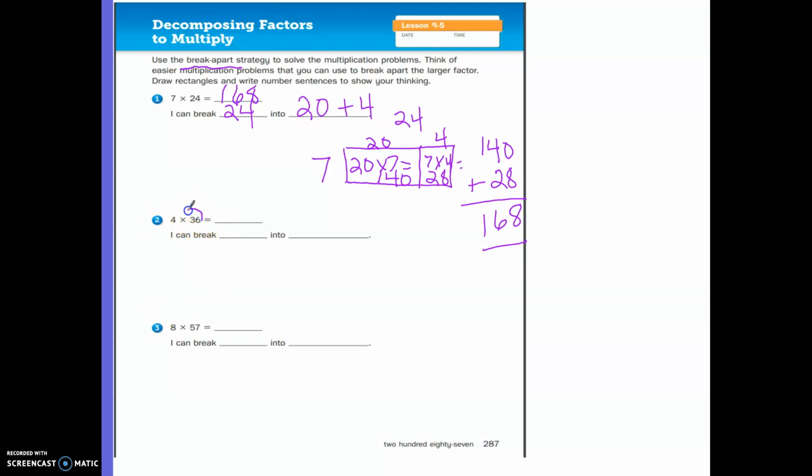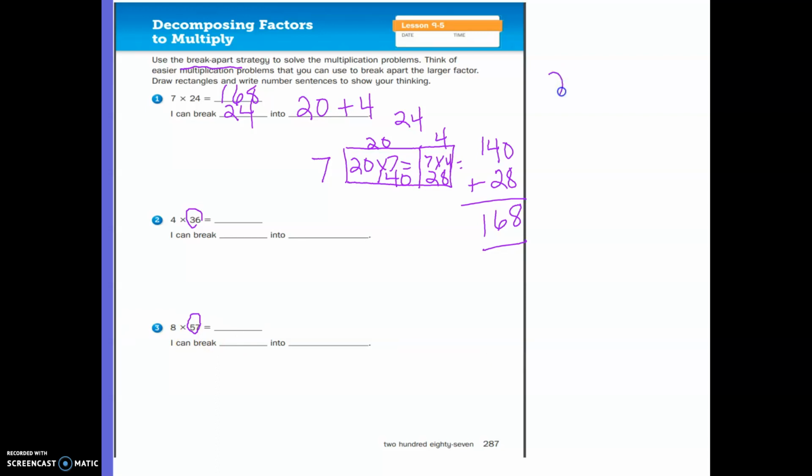You want to break apart the double-digit number. Okay? You can go ahead and make that rectangle as a visual if you like. You don't need to. Some of us might have to. Some of us might not have to. It's totally up to you. It's what you're comfortable with.